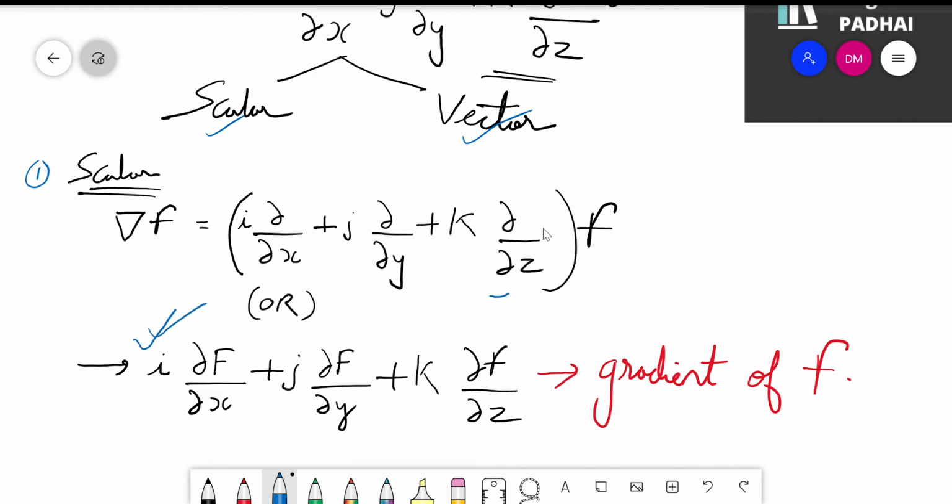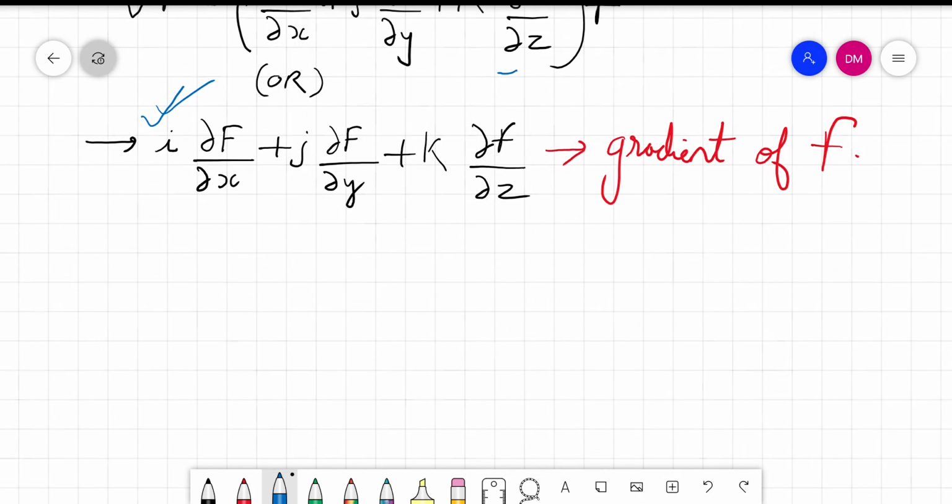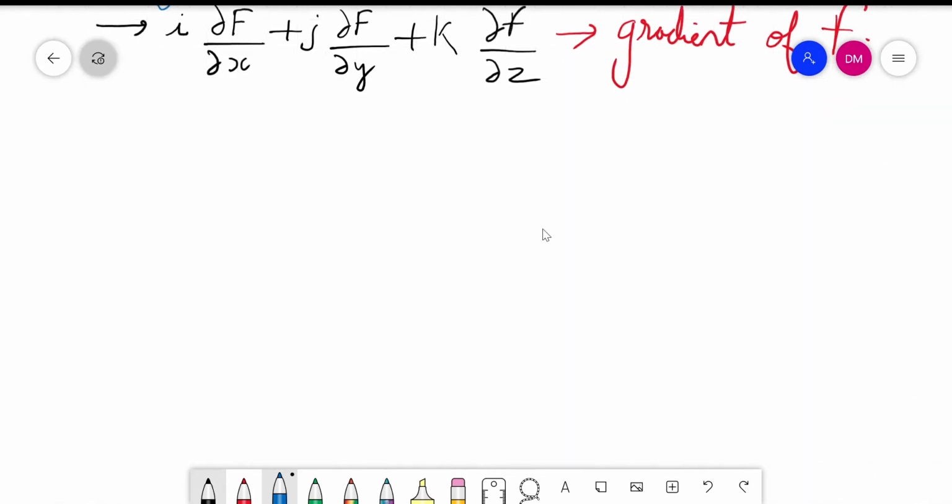So let's recap about dot and cross product. As we have learned in earlier classes, the dot product.